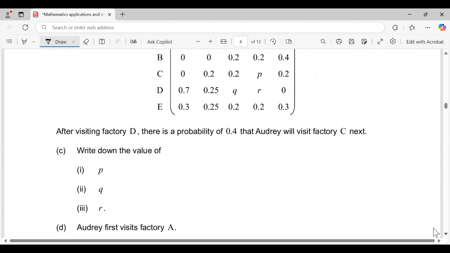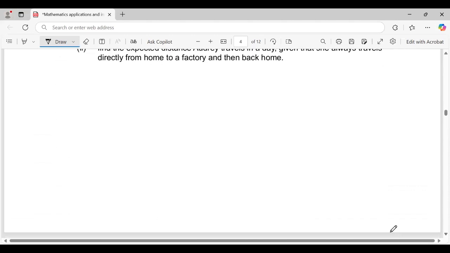Okay, part one. So we are going to use Prim's algorithm to find a minimum spanning tree, or MST. MST is minimum spanning tree. First step, the edge with the minimum weight from E is E to A. E to A is 50 kilometers.